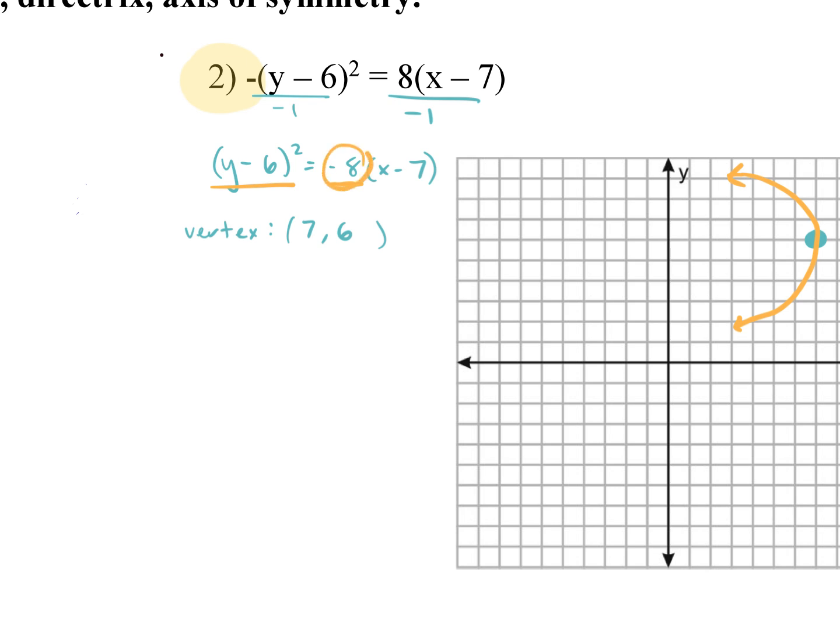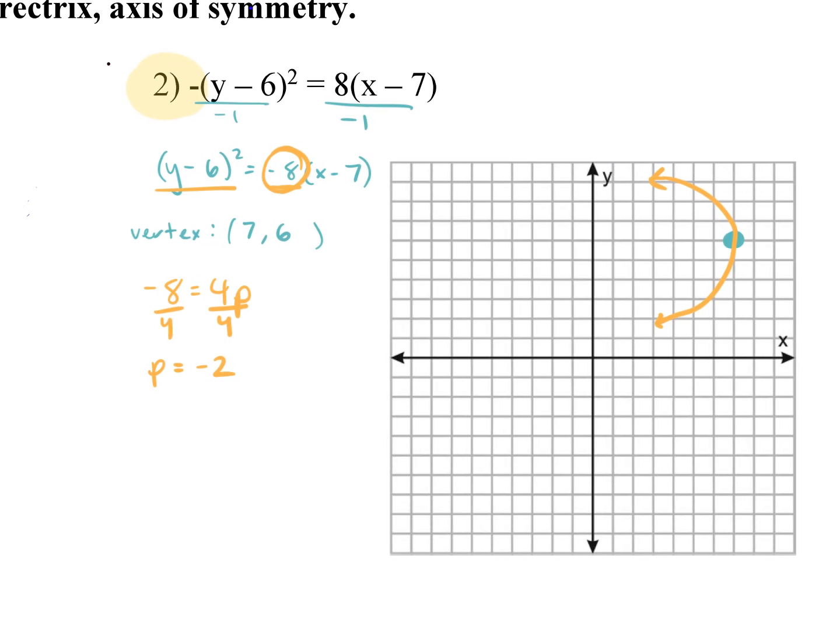So the coefficient here, -8, is equal to 4p. To solve for p, we need to divide both sides by 4. So p is equal to -2. p is the distance from the vertex to the focus. So I'm going to go to the left 2. Remember, your focus is always going to be inside your parabola.